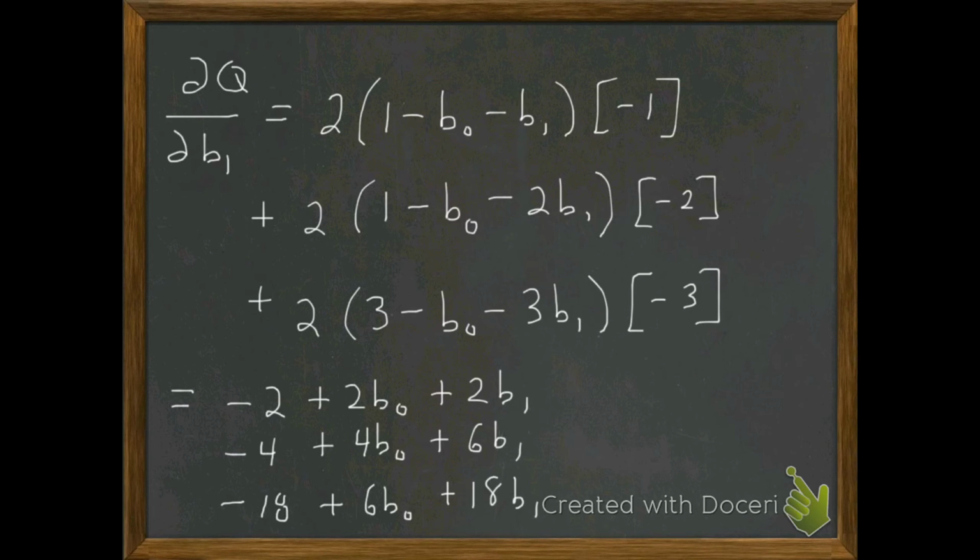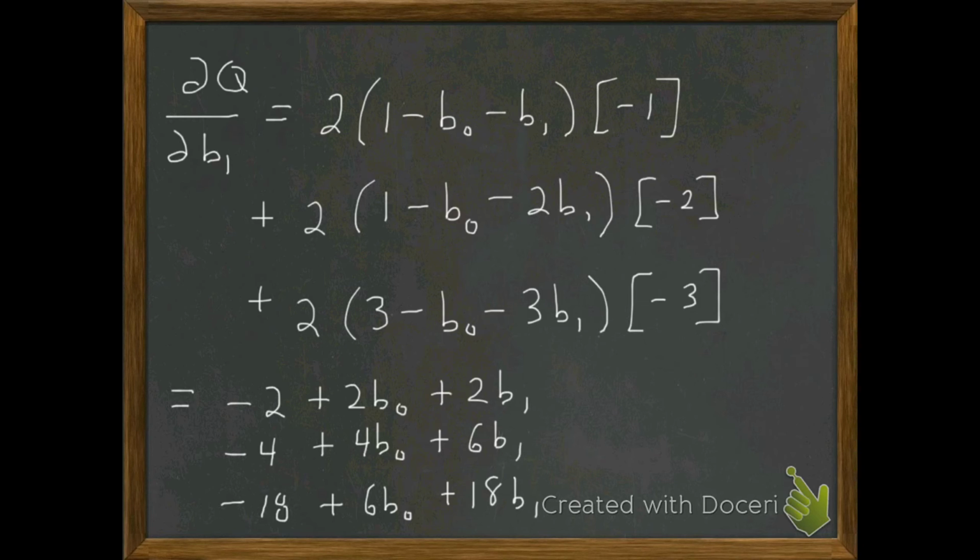All right, so with respect to B1, we've got negative 2 plus 2, negative 4, negative 18.